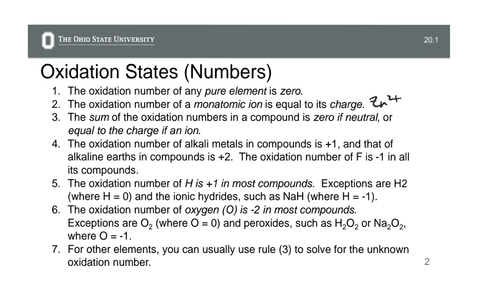The third rule says that the sum of the oxidation numbers in a compound is 0 if it's neutral, or it's equal to the charge if it's an ion. Okay? So when you sum up all the oxidation numbers for the atoms, it has to equal its charge, or if it's neutral, then it's 0.